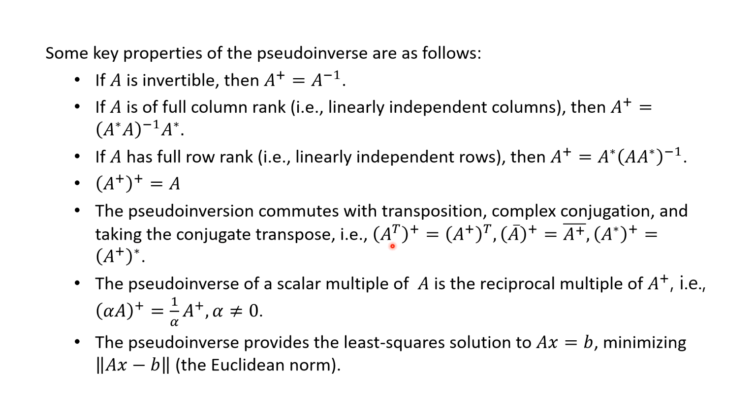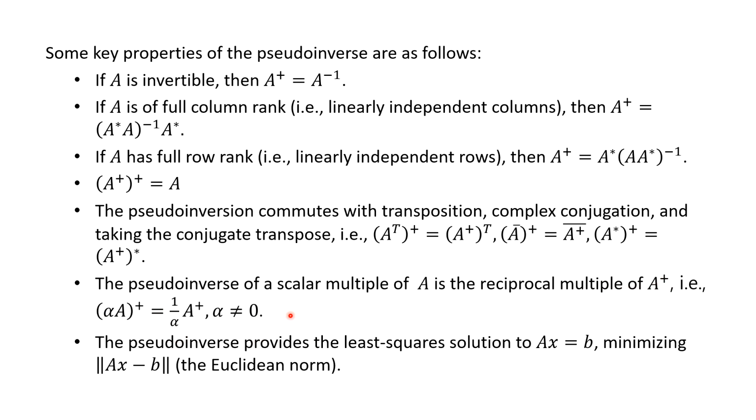In other words, the pseudo-inverse of A transpose equals the transpose of the pseudo-inverse. The pseudo-inverse of the conjugate of A, that's where you take the complex conjugate of every entry in A, equals the complex conjugate of the pseudo-inverse of A. And then the pseudo-inverse of the conjugate transpose of A equals the conjugate transpose of the pseudo-inverse of A. The pseudo-inverse of a scalar multiple of A is a reciprocal multiple of the pseudo-inverse.